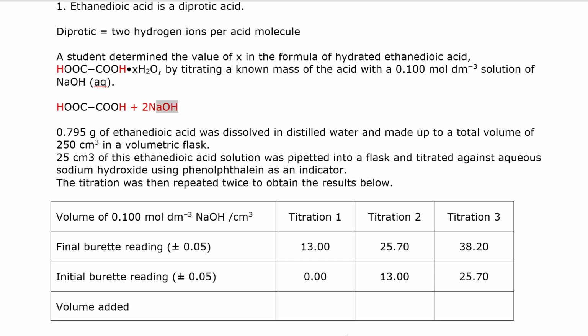I didn't really want that to be red as well. Let me just take that back to an automatic colour. They're going to react with two sodium hydroxides to give the products. The products, well, it doesn't really matter. The product is just the ethanedioate ion with sodium ions replacing the hydrogens. So there's sodium, there's sodium, and there's going to be two water molecules, 2H2O.